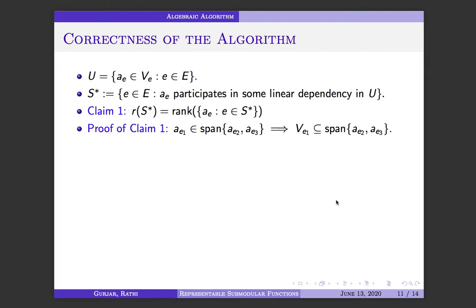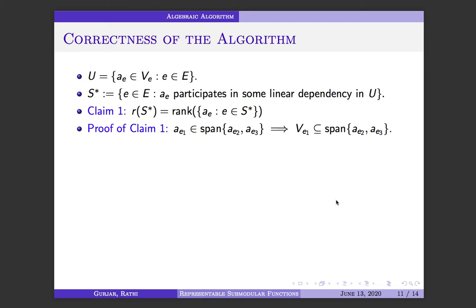So by definition of S star, these vectors AEs have some linear dependencies among them. So consider, for example, that AE1 is in the linear span of AE2 and AE3. Now, since AE1 is a random vector in VE1, it means that almost every vector in VE1 is in this span.